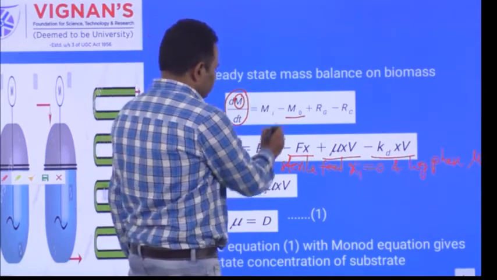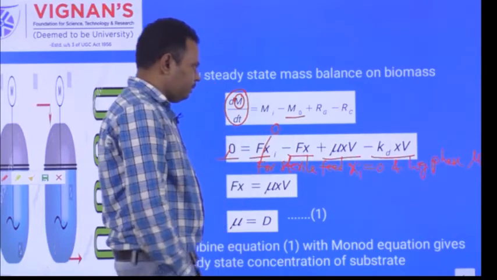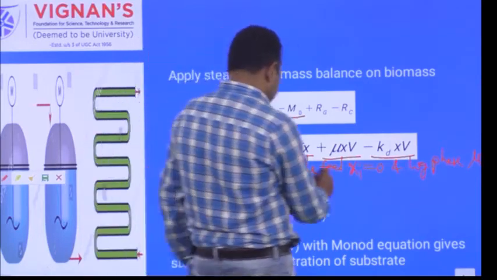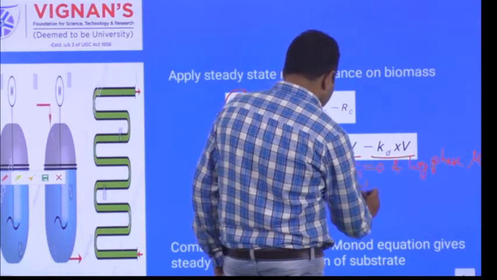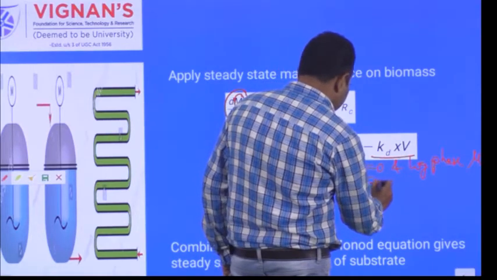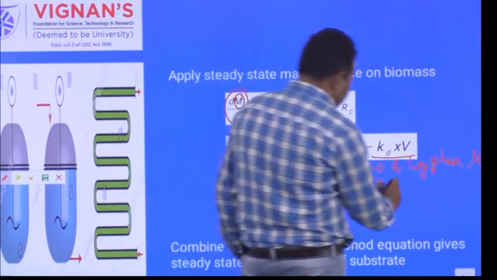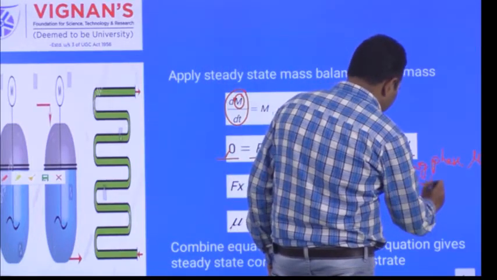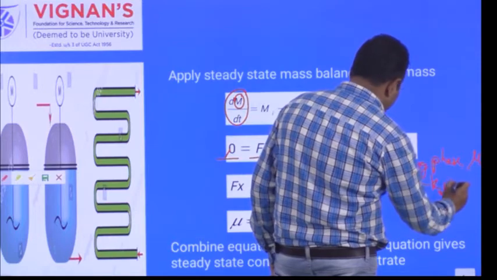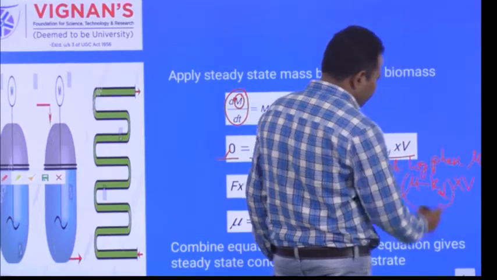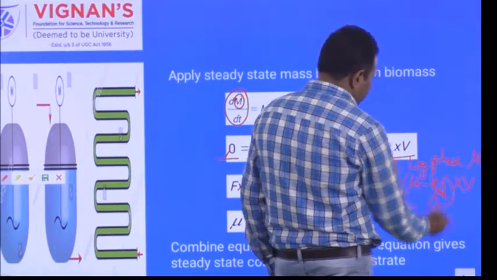F Xi, this becomes 0, here we have minus FXi. Take from this, 0 is equal to minus FX, and from the third and fourth terms on the right hand side take xv common. When you take xv common, it is mu minus kd into xv. Again, when compared to mu, you can neglect kd, so kd is 0.